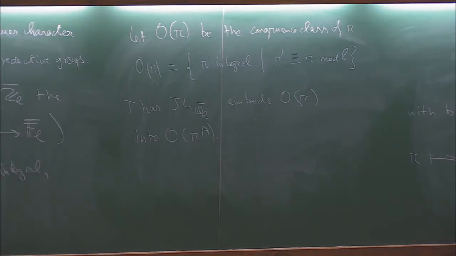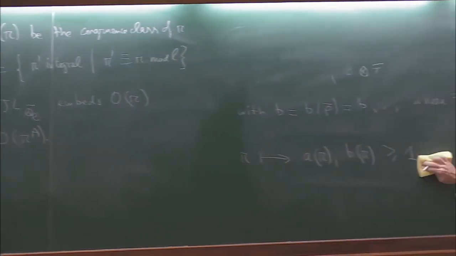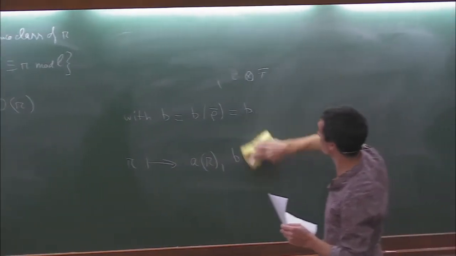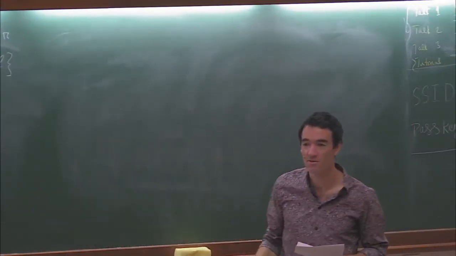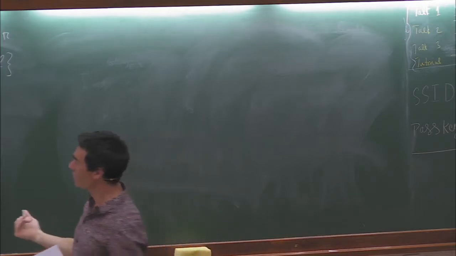And we would like to prove that this embedding is a bijection. That is, the image of the congruence class of pi should be the whole congruence class of pi^A.